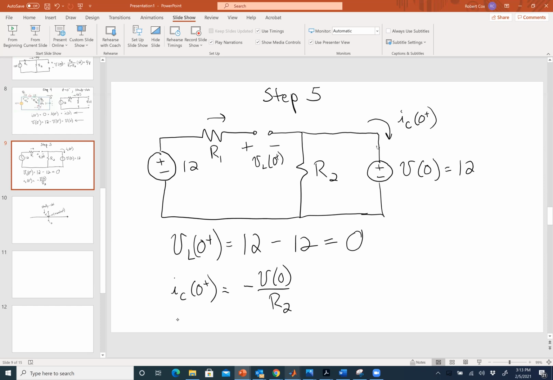It's going the opposite direction of what the current arrow was defined as. Yeah, because of the passive sign convention, right? It's going against that arrow that's been defined. So that current's negative, which means that the capacitor is starting to discharge. If you think about it, that makes sense, because it's starting at 12 volts and we found that the final value is 4 volts. So it is going to start to discharge, which means current's leaving it.